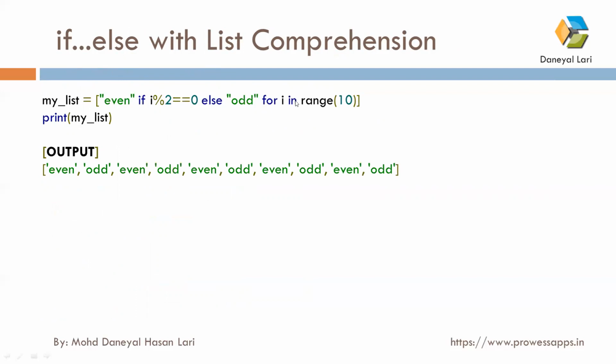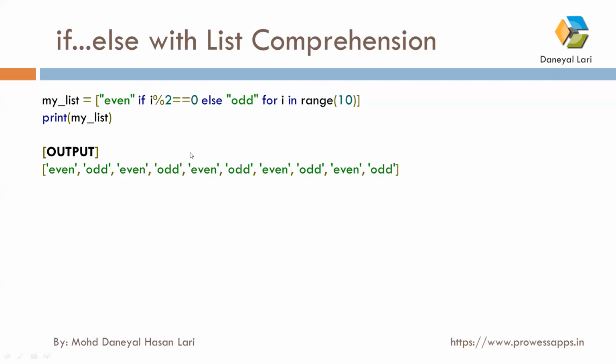For that I'll generate a range from 1 to 10, and then pass it to this expression. If this expression is true, then it will be even, and if it is false, then this will be added to your list. Here you can see first even, then odd, then even, then odd, even, odd, even, odd. So this is your if else statement.